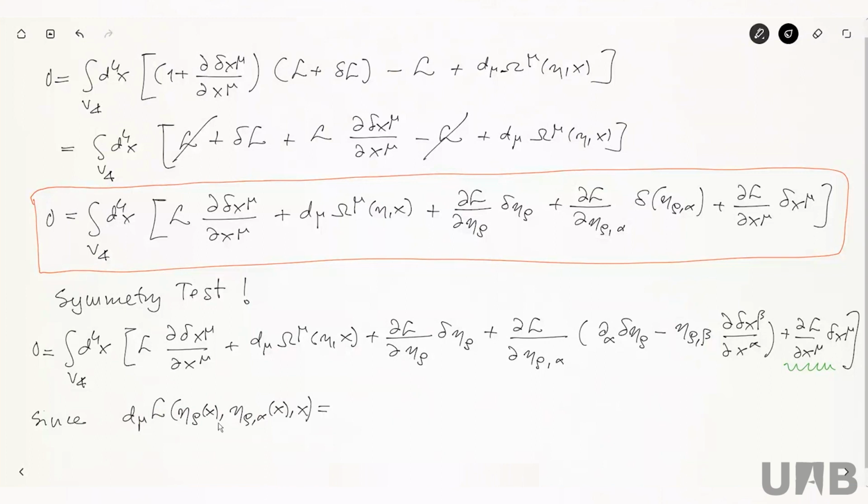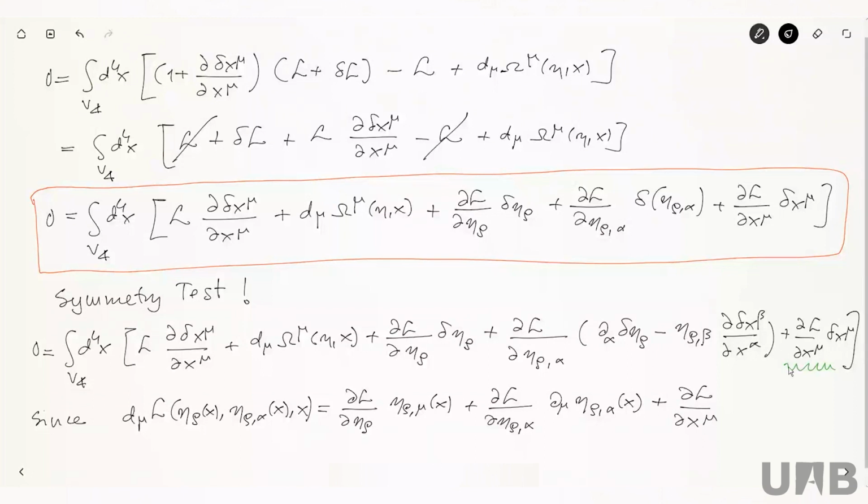If I take this full derivative, the total derivative with respect to x of this thing, the chain rule says that this is going to be dL with respect to d eta rho comma mu of x, because I'm taking the derivative with respect to x mu, plus dL with respect to eta rho comma an index alpha, d mu of eta rho comma alpha, which depends on x, plus the derivative of L with respect to x mu.